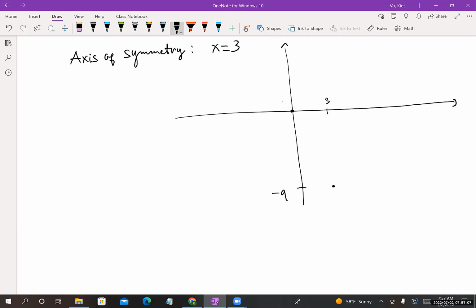This is where the 0 is, the origin, and on this side, this would be 6 over here. And then we can sketch it, trying to make it symmetric like that. Okay, so that would be the graph of this function.